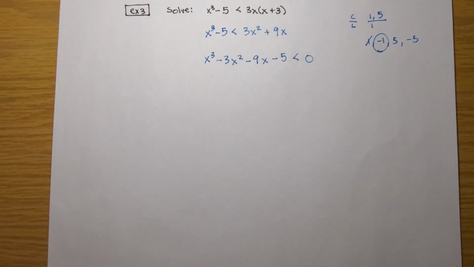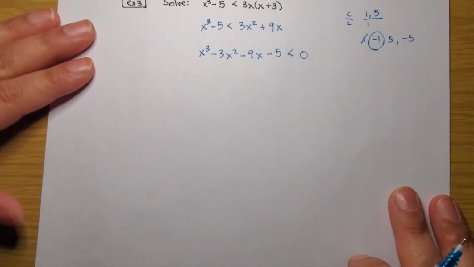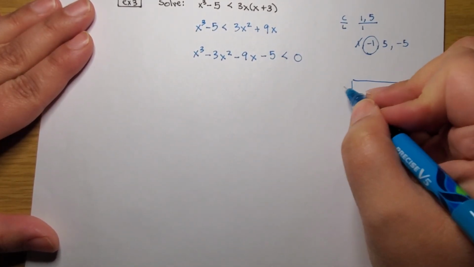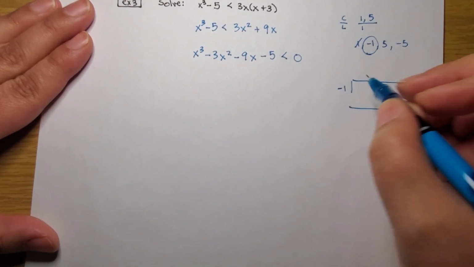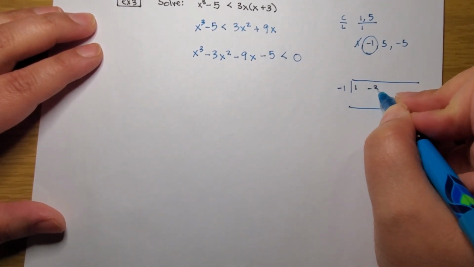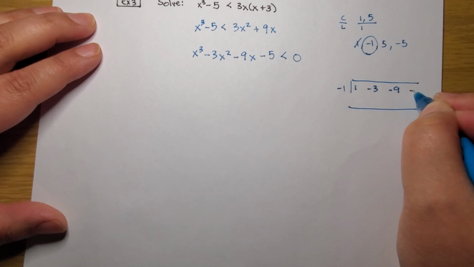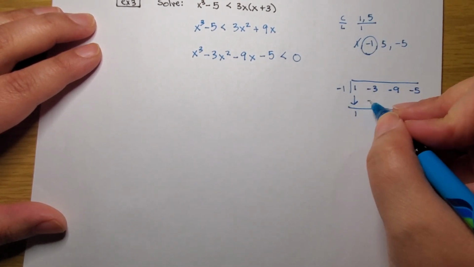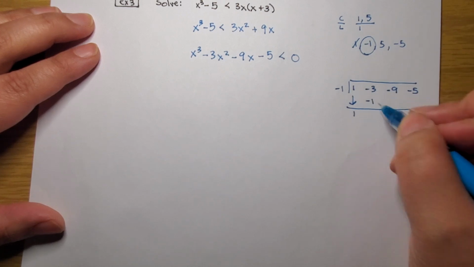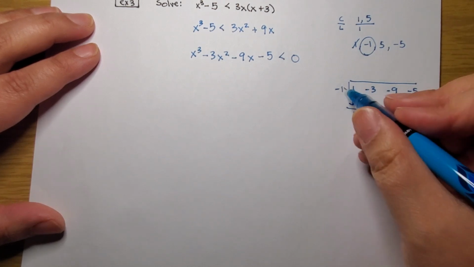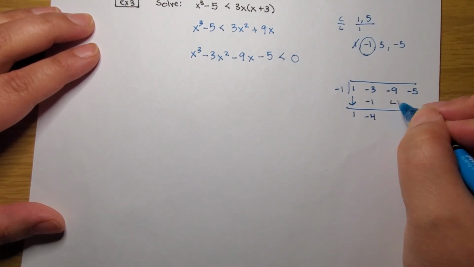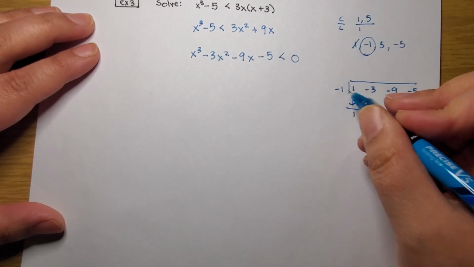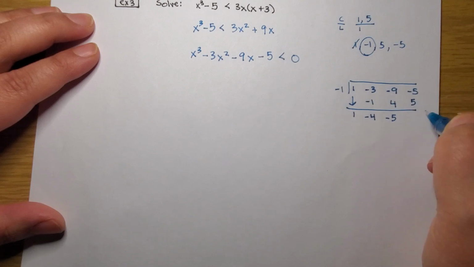So yeah, I guess I can kind of figure out how to work this. Do my synthetic division over here. So here's my -1 and my coefficients. We've got 1, -3, -9, -5. -1 times 1 is -1. -3 minus 1 is -4. -1 times -4 is a +4. -9 plus 4 is -5. -1 times -5 is +5.